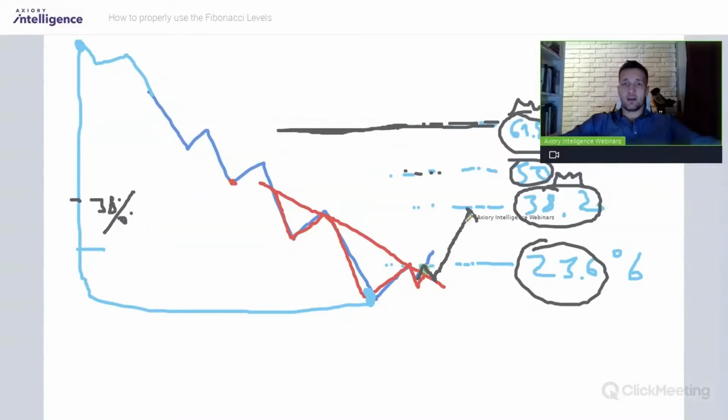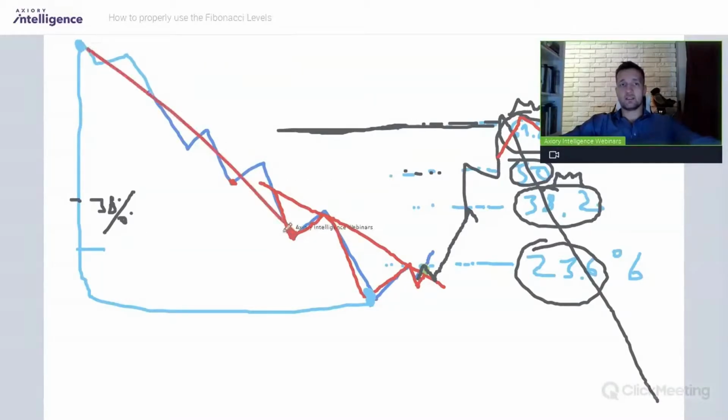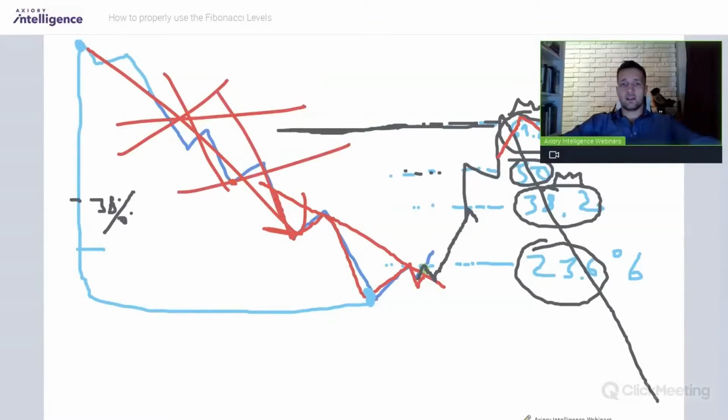The price can go here, and then the trend can be saved. But once the price breaks 61.8, we may be sure about the trend reversal, that this downtrend is gone, and that a new uptrend started.